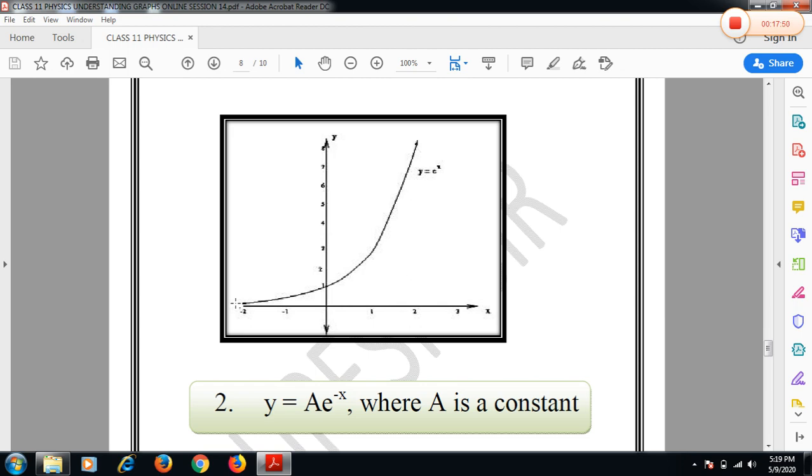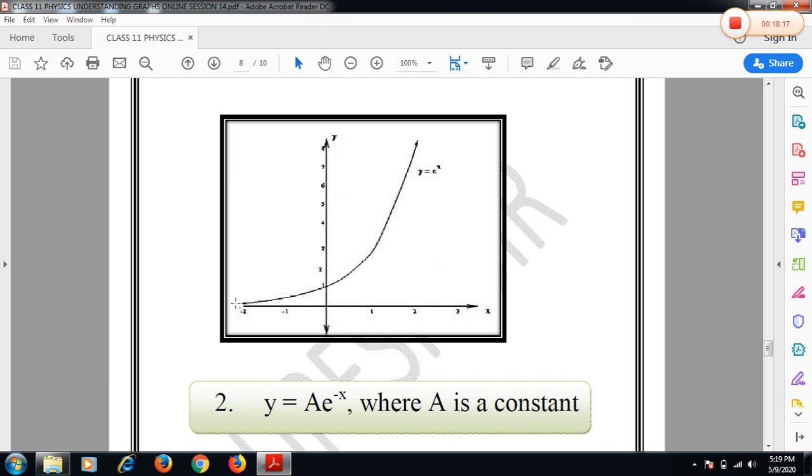See, for no finite negative value will the graph intersect the x-axis. Only at x equals minus infinity will the graph meet the x-axis.